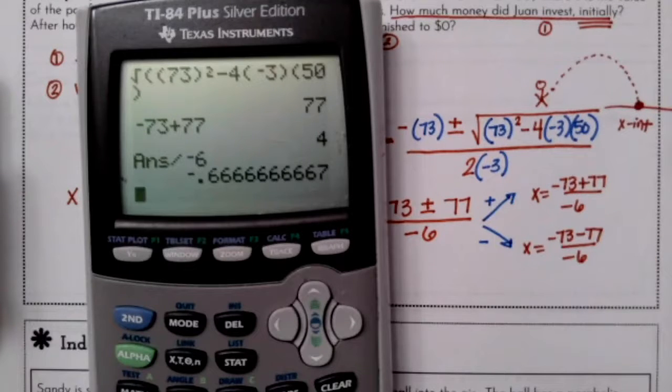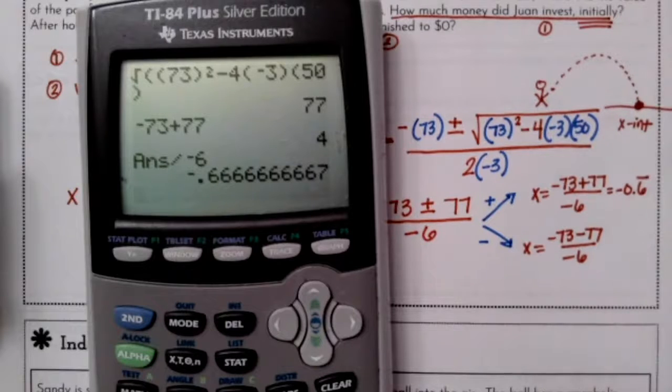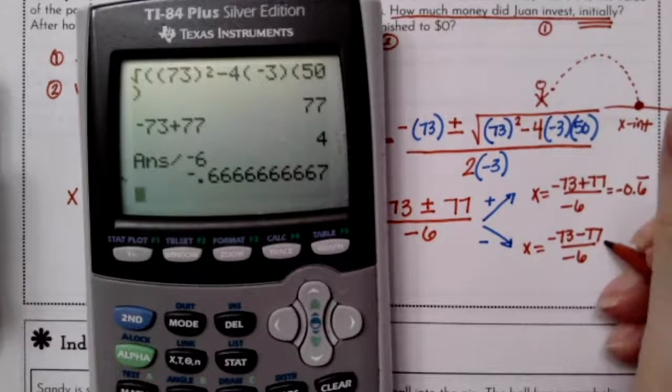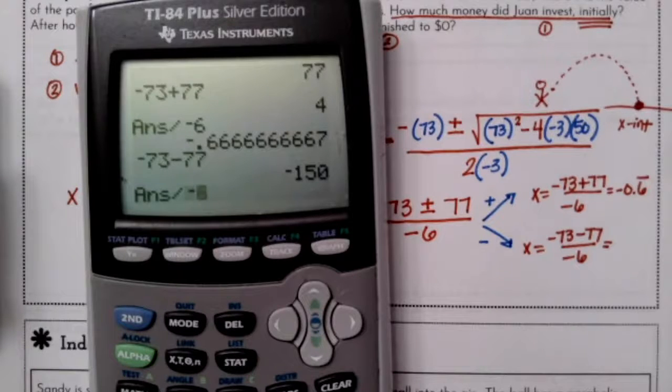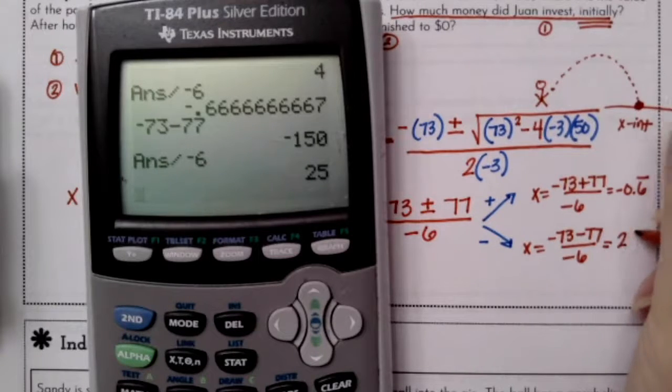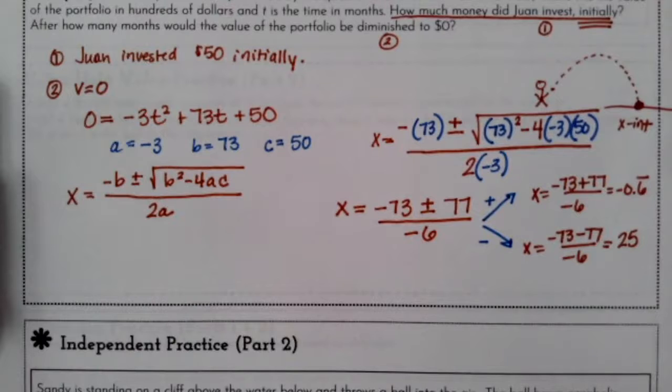We get -0.6 repeating. And then down here, I get 25. So those are my 2 answers using the quadratic formula.